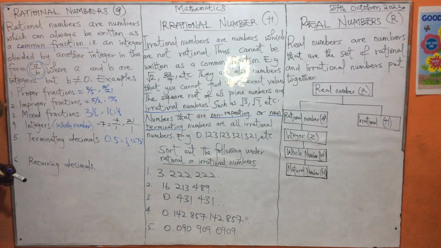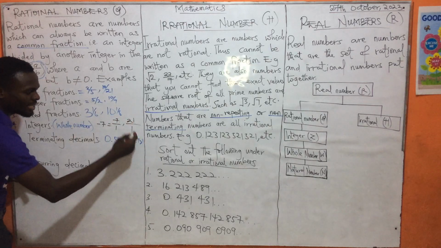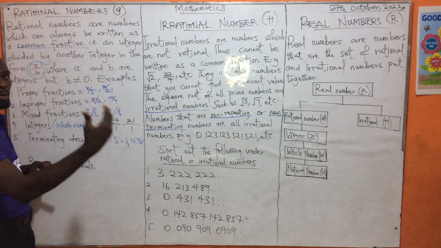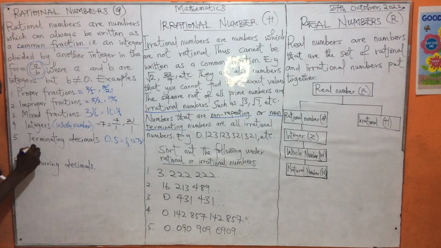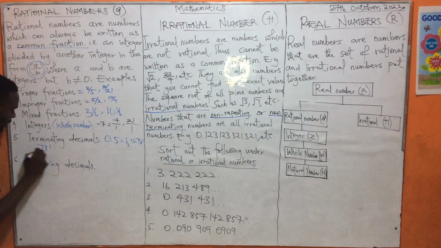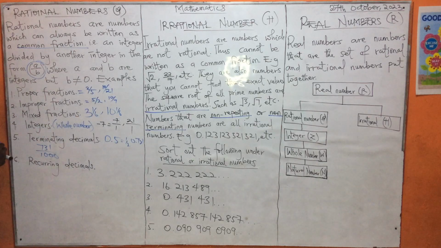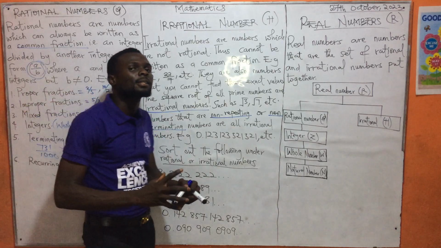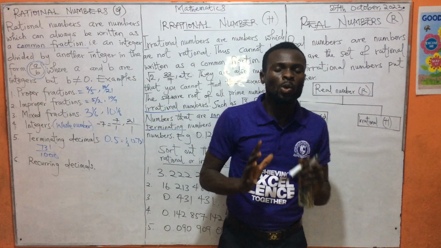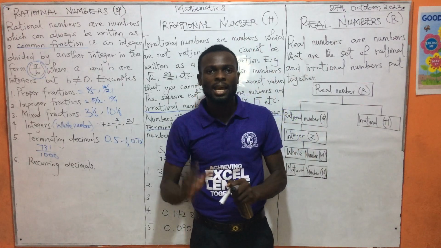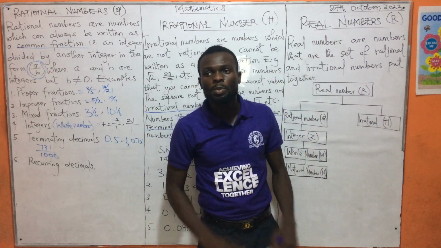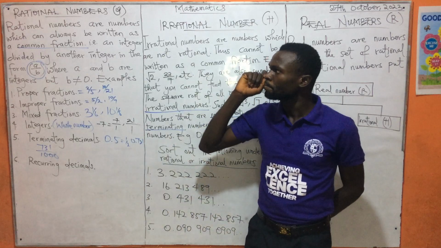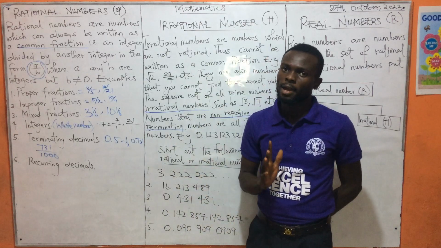So this one, 0.731, can be written as a fraction as 731 over 1000. So since it can be written as a common fraction with a numerator and a denominator, then it happens to be a rational number.